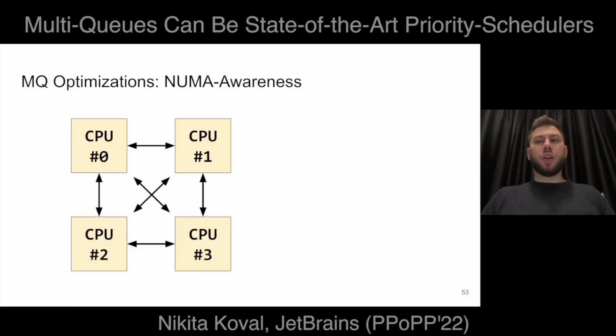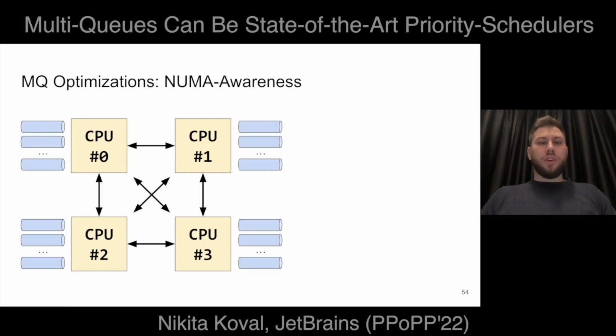The last optimization we consider reduces the synchronization cost for NUMA systems. Here you may see a typical NUMA system with 4 sockets, and essentially we have sequential queues on each socket in the multi-queue. What we want to achieve is to lower the communication between nodes.